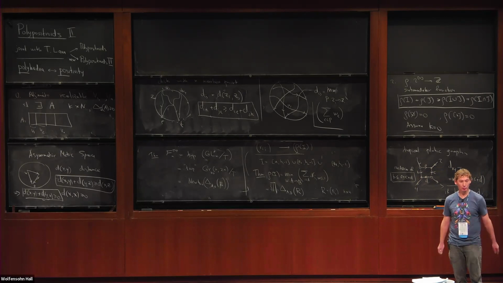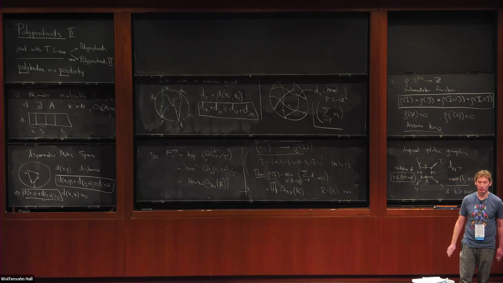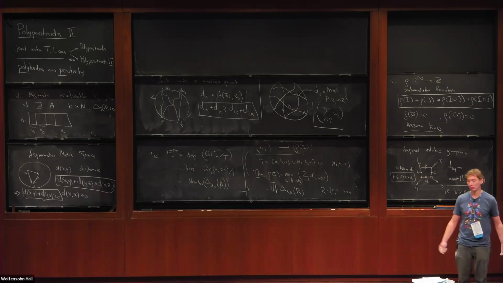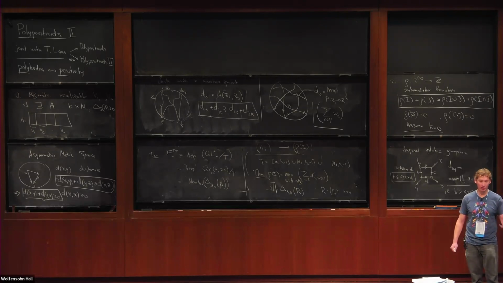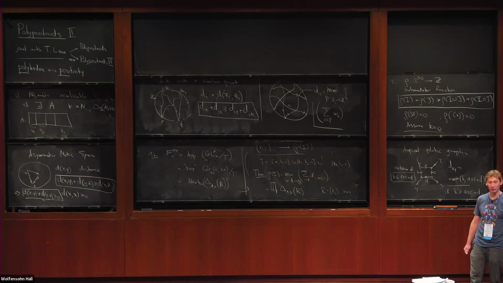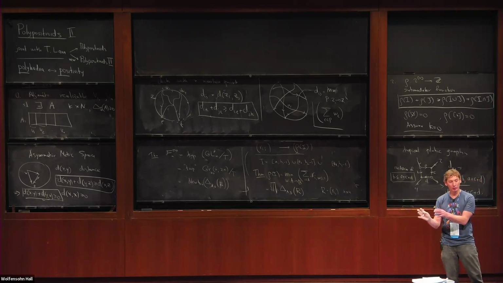That will be certainly interesting to study, since we can define it in exactly the same way. There should be some polypositroid stratification of the positive configuration of subspaces. But these things are a little bit tricky because, as I said, figuring out when a given configuration of subspaces is positive is a non-trivial verification.